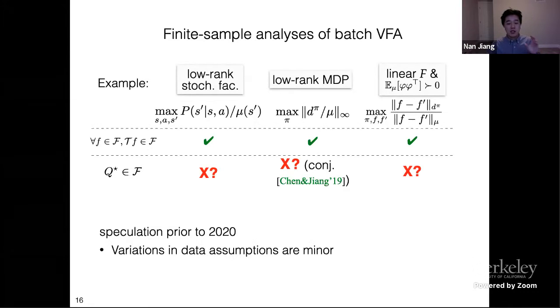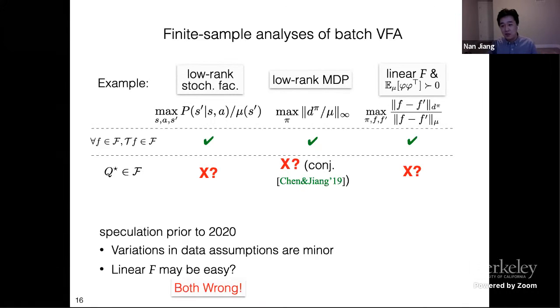Our speculation is roughly like this: it seems like the variations in the data assumptions are minor because with the closure condition, they all work equally well, right? So maybe regardless of what condition you assume on the data, realizability on the function class is just a non-starter. And maybe what you need is really some structural properties of your function class, like it's linear. Maybe linear functions are easy.